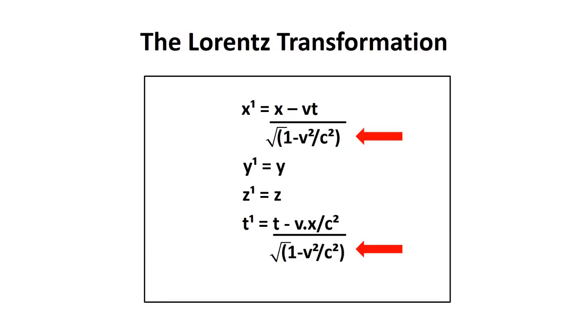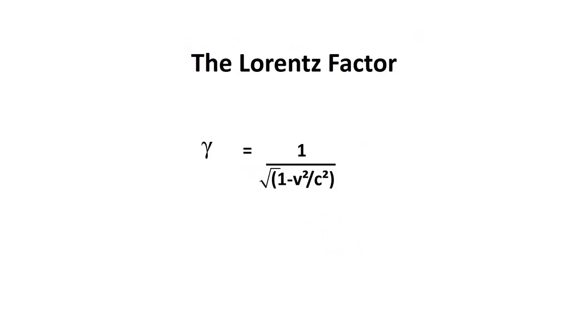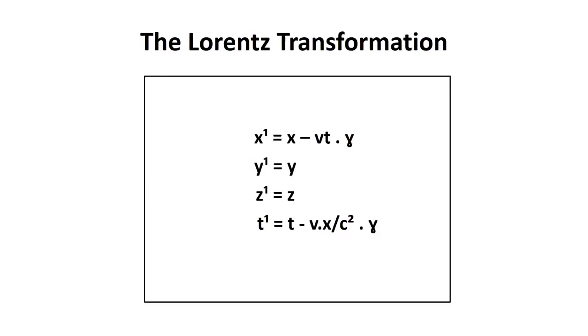In the previous video, I explained that the factor, indicated by the arrows, performs the duty of limiting the relative velocity to the constant velocity of light in a vacuum. This factor is often named the Lorentz factor. And the common but not exclusive practice is to denote this function as gamma. And so we can write the Lorentz transformation like this. We will use this notation in the following calculations.